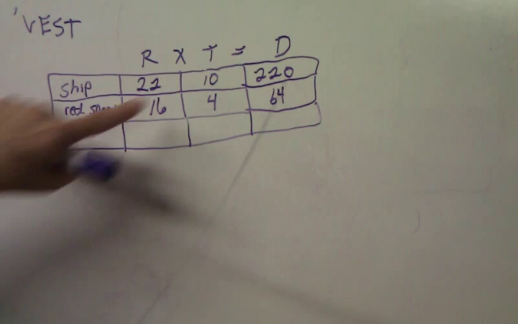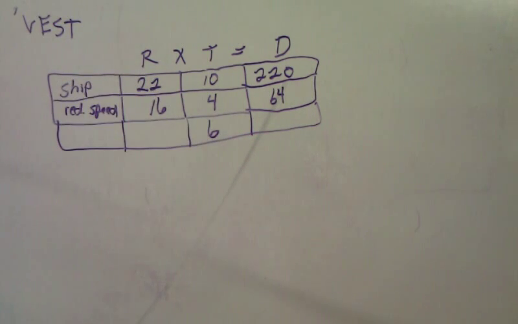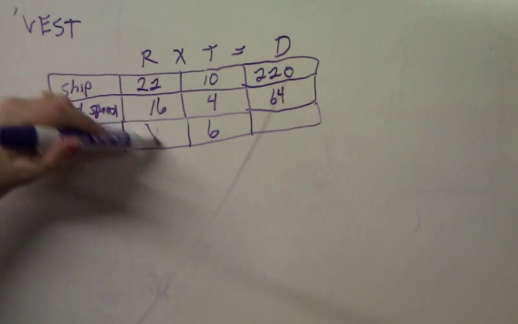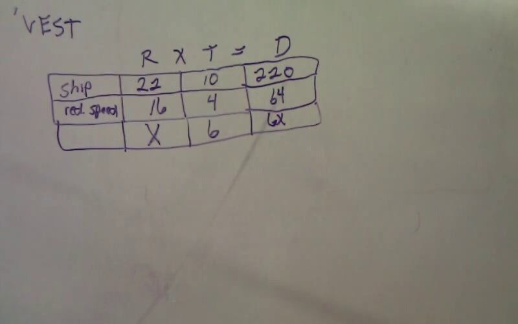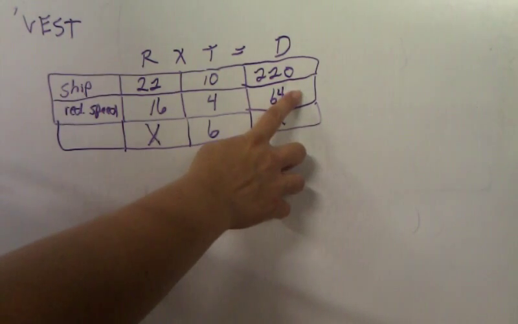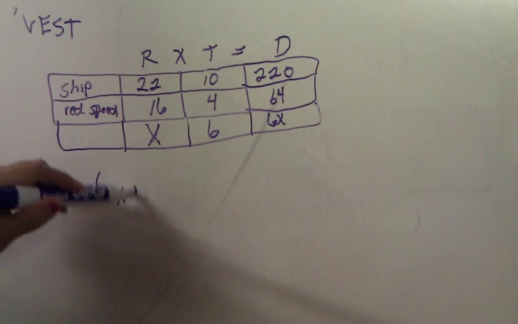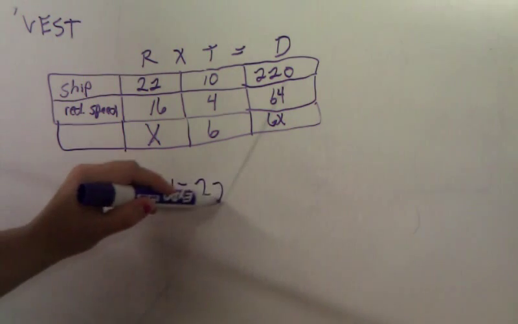Okay. Now if there's 10 hours and we use 4 hours, that means we have 6 hours left. Okay? So I don't know what my rate is. I'm looking for my rate for the rest of the trip. So this is 6x. Okay? But my distance here plus my distance here has to equal my total distance. So I have 6x plus 64 equals 220.